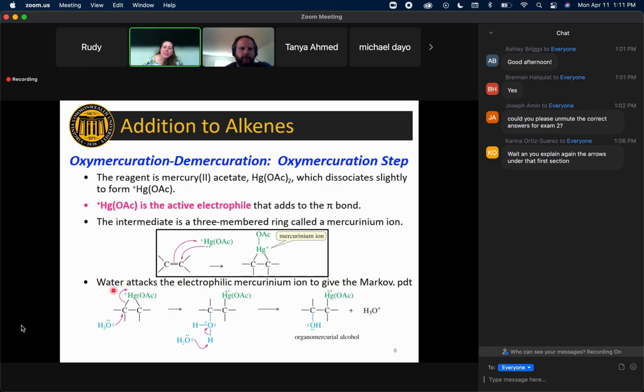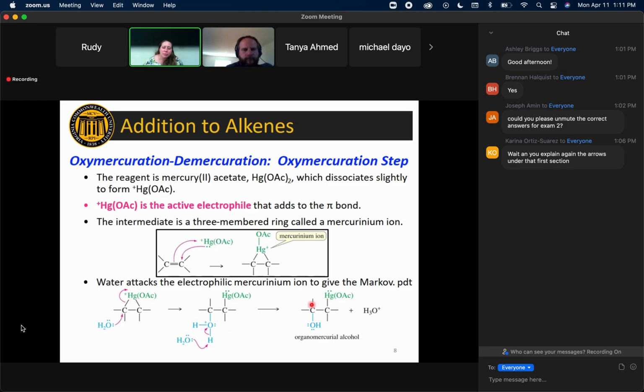So from this positively charged intermediate, because it is still electrophilic because it's positively charged, our water molecule, which is prevalent because it's our solvent, can act as a nucleophile and attack at one of the carbons that used to be a double bond carbon, and then break that carbon-mercury bond associated with that carbon.